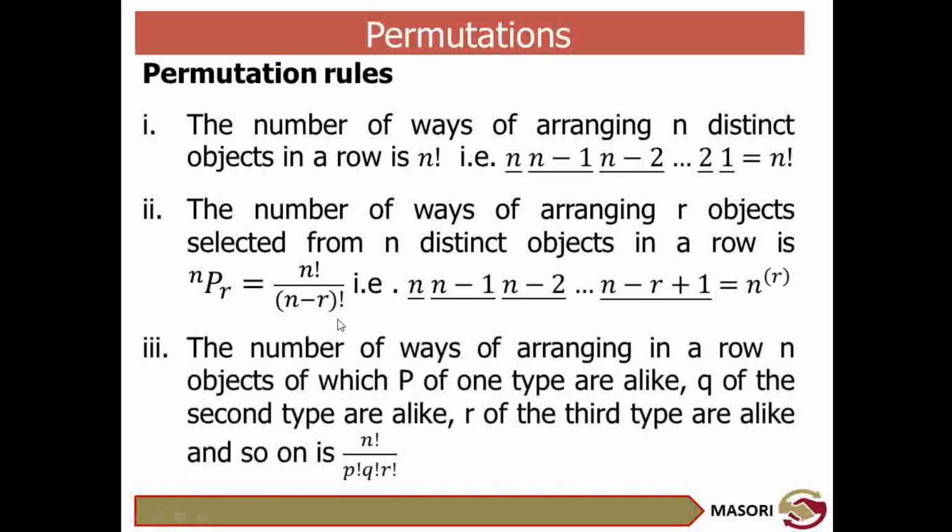The third rule is that the number of ways of arranging in a row n objects of which p of one type are alike, q of the second type are alike, and r of the third type are alike and so on is simply n factorial divided by p factorial, multiplied by q factorial, meaning we are looking at q objects which are alike, and then r factorial, we are looking at the type r which are alike.